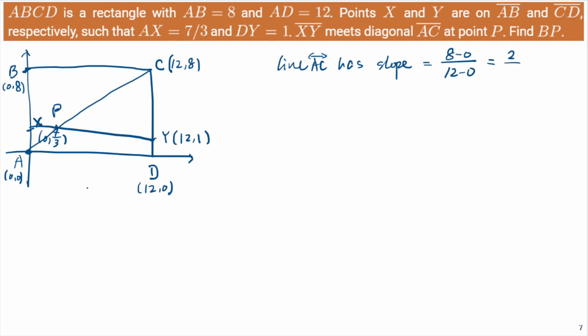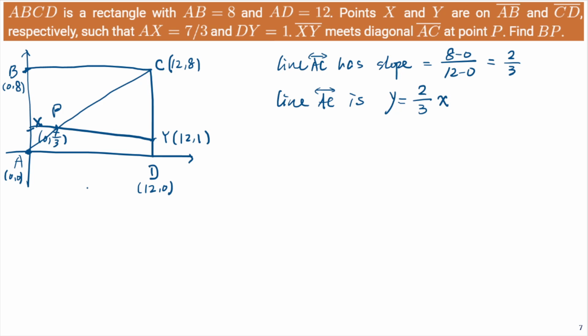This is 2/3. And it passes through the origin. The equation whose graph is AC then is y equals 2/3 x, right?